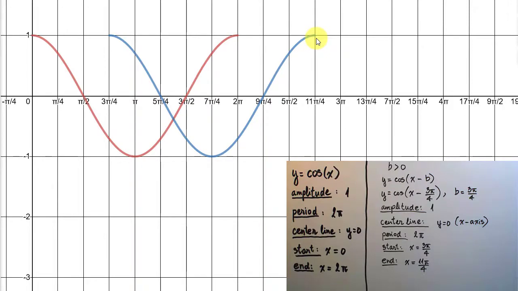Now we can confirm that at the end being 11 pi over 4, we subtract the start of the base unit on this blue graph, and that produces 8 pi over 4, which reduces down to 2 pi. That confirms our period, no longer an estimate but solidly period 2 pi.